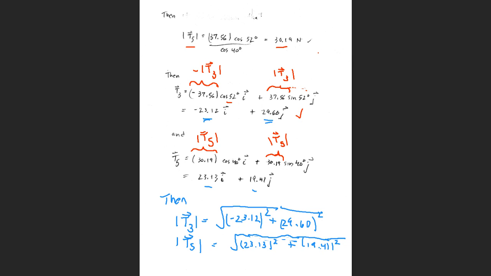Here, I'm getting 37.56. And the other one, I don't have enough room, but I think you know how to figure that out. Are there any questions at all on this?